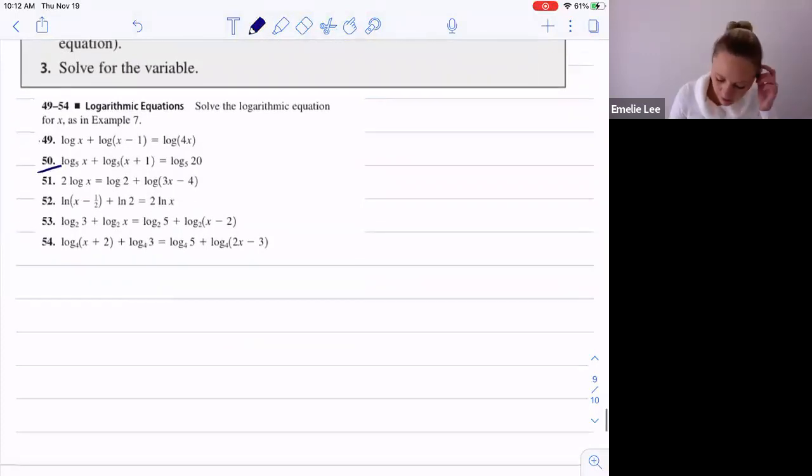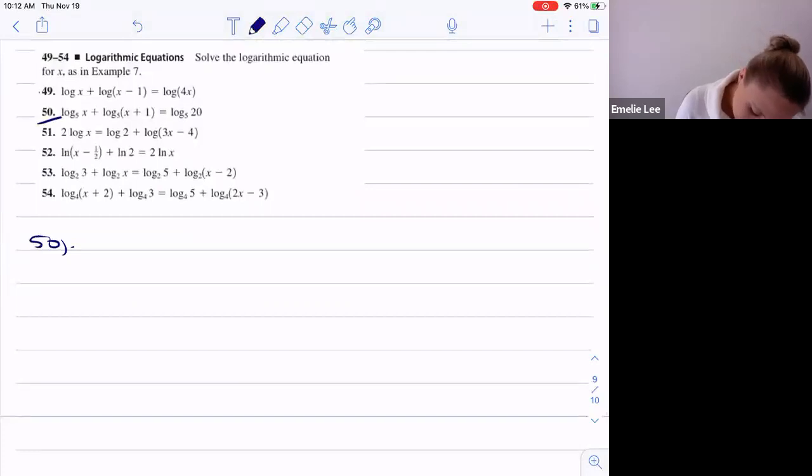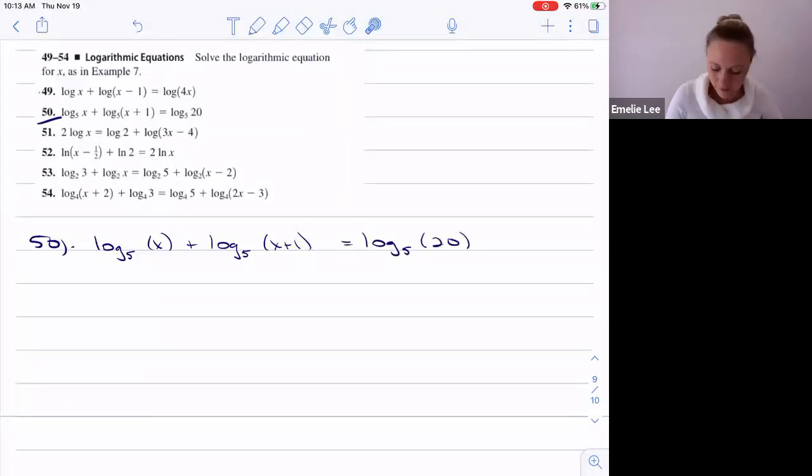Let's do 50 together. I've got the log base 5 of x plus the log base 5 of x plus 1 is equal to the log base 5 of 20.